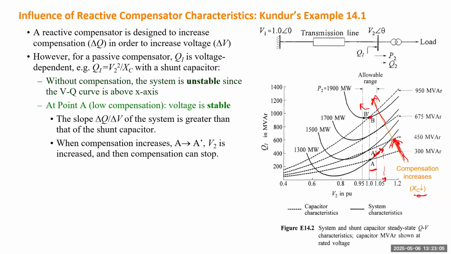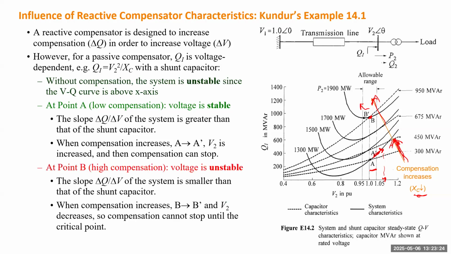So when you study the system with a var source which is not perfect, like a quadratic function of voltage, you do need to draw both characteristics and their intersection point, then compare the slopes of the two curves. You need to make sure the VQ curve will have a higher slope.